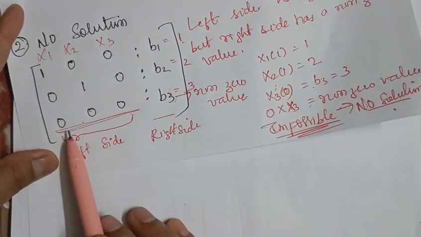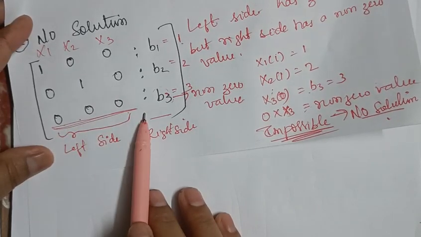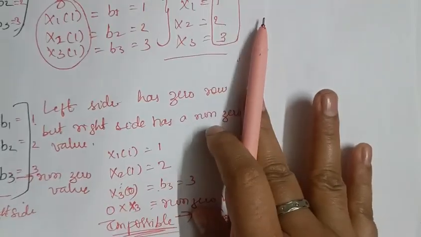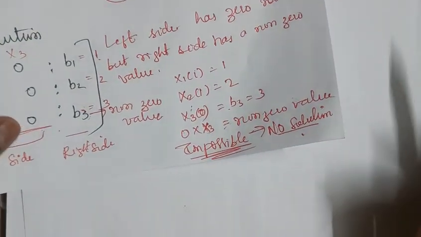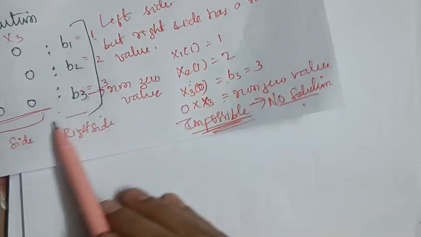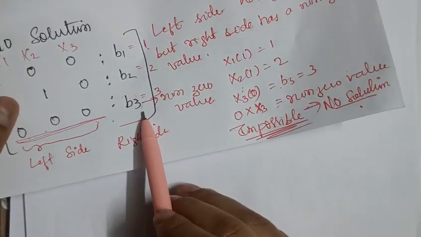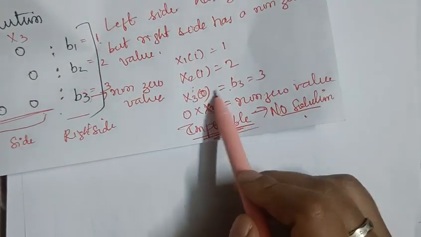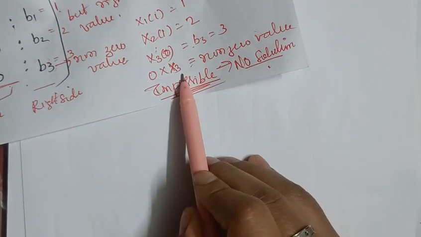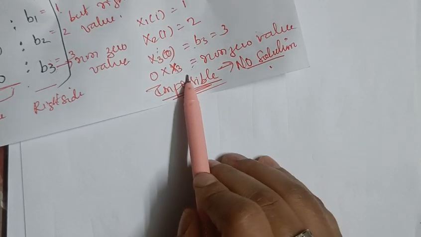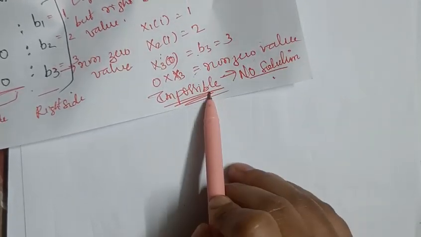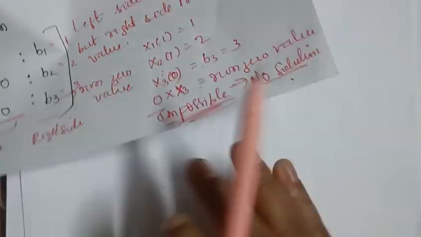No solution: you have got a 0 row on the left side, but the right side has some non-zero value, which makes no sense. Multiplying anything by any number in a 0 row should give 0, but you're getting a non-zero value, which is impossible. So there is no solution for this.